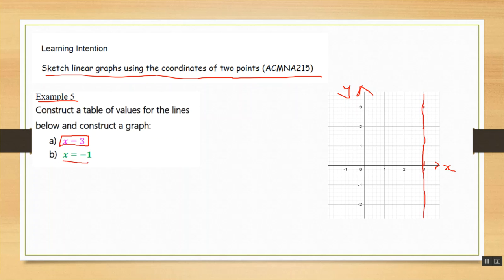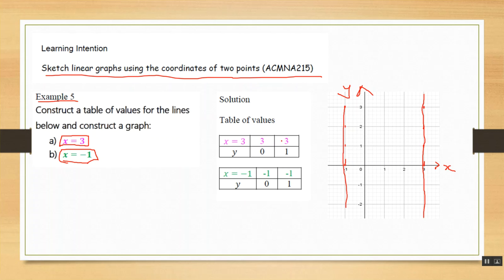If x equals -1, then the points are over here. So there's a point here, point there, and we join these lines up. Using a table of values, if x equals 3, we always get 3 values up the top here. Doesn't matter what the y values are.